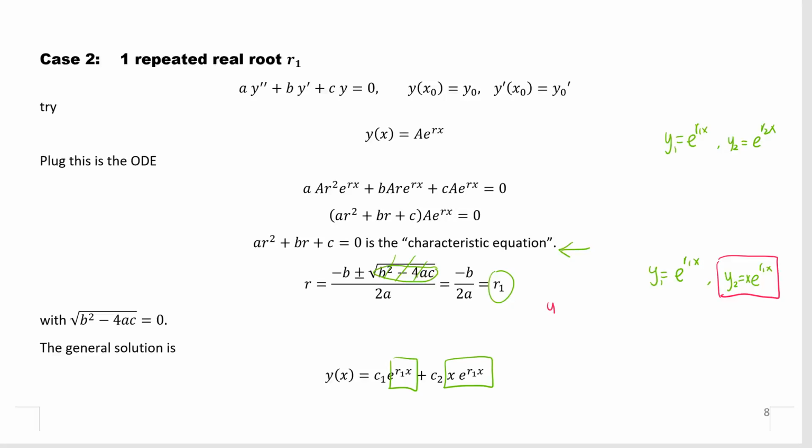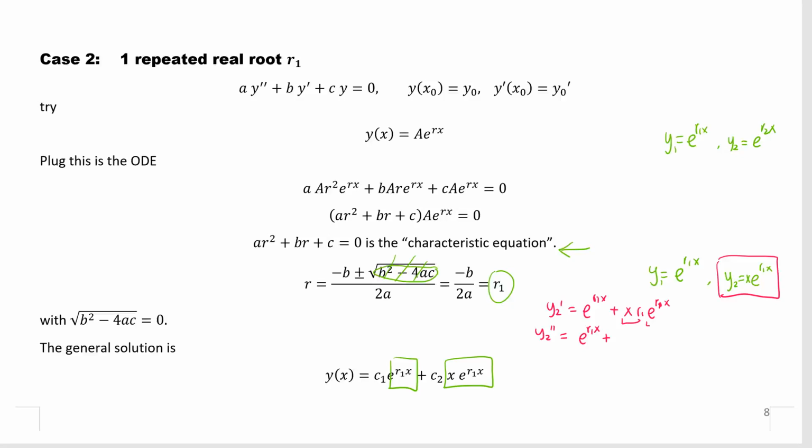Well, we need y2 prime. What's the derivative? It's the product rule. The derivative of x is 1, times the second factor, plus x times the derivative of the second factor. Then we also need the second derivative.